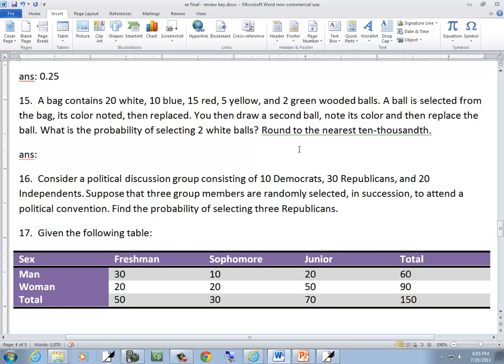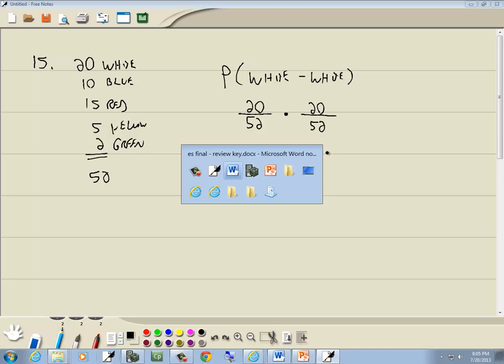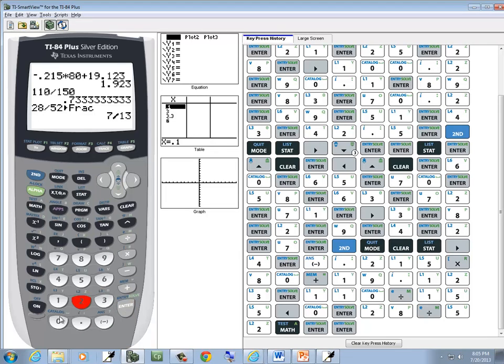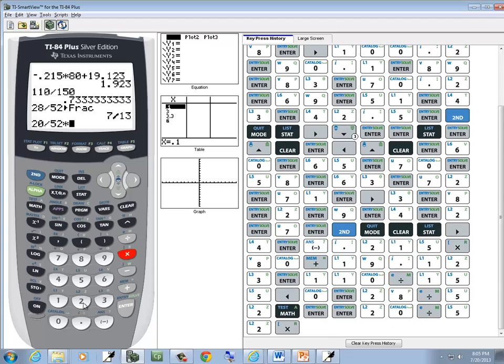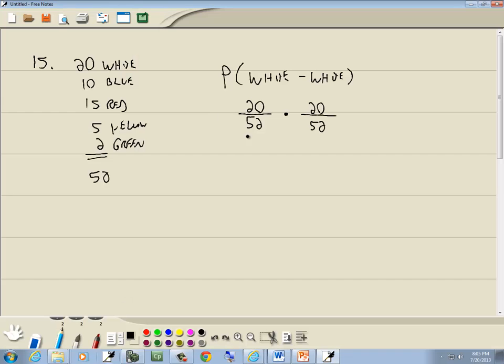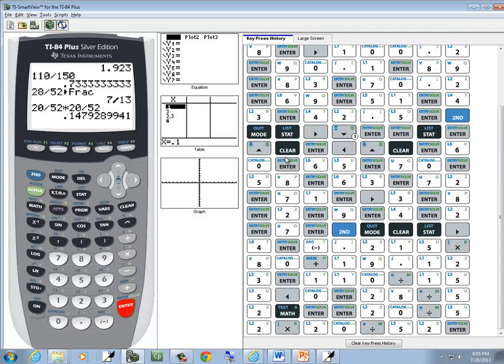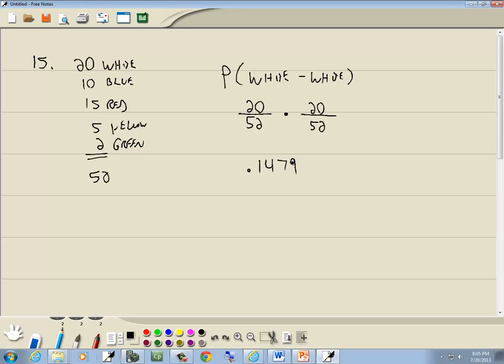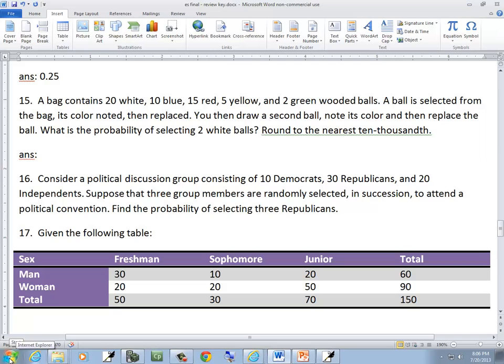So looks like decimals is how we want this one. So 20 divided by 52 times 20 divided by 52. Enter. 0.1479.